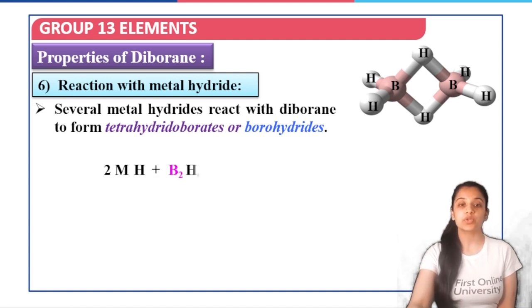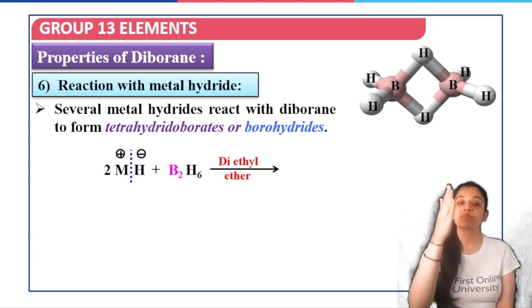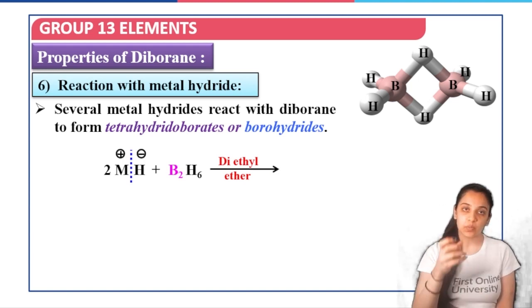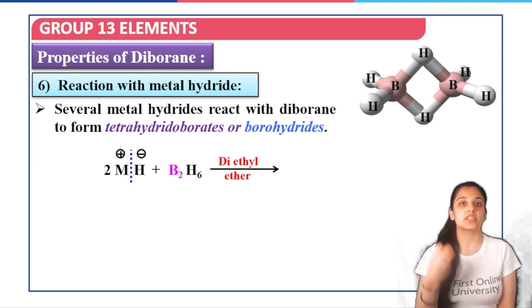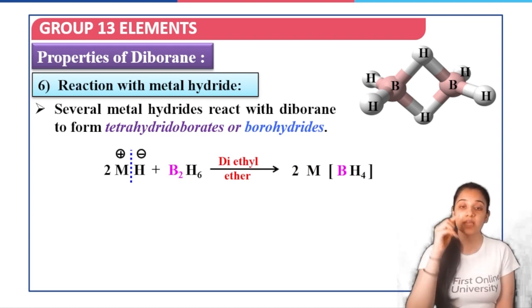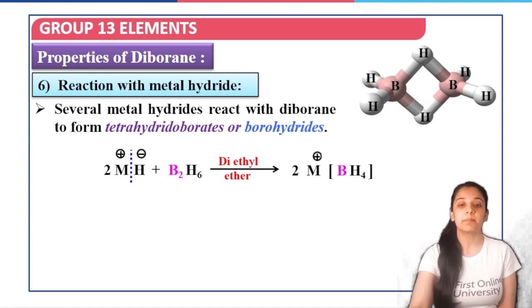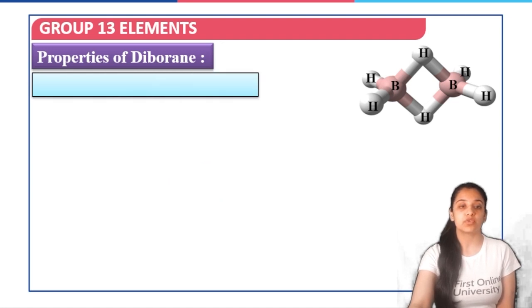When this reacts with B2H6, that is diborane, in the presence of diethyl ether, the M-H bond is cleaved, where the metal is the positive part and hydrogen is the negative part because it exists in the form of hydride. What we get is MBH4, that is M+ BH4-. That is, metal hydride plus diborane gives metal borohydride.